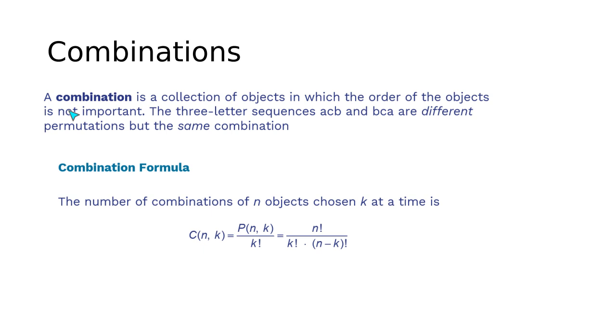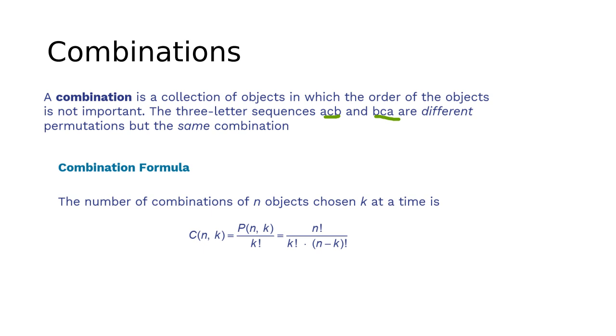So the 3-letter sequences ACB and BCA are different permutations, but the same combination. Okay, so this here is the same combination, but as far as permutation, the order would be important. So that's the only difference, is that the order is not important.